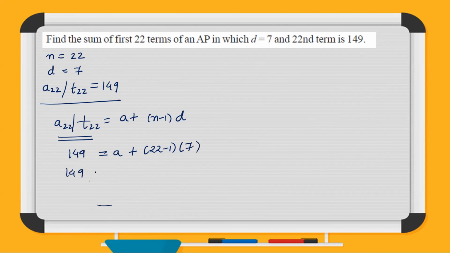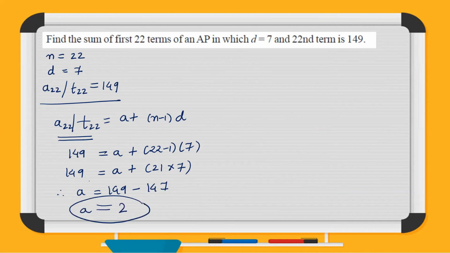So 149 is equal to a plus 21 into 7. What is 21 sevens? It's 147. a is equal to 149 minus 147. So a is equal to 2, which means the first term is 2.